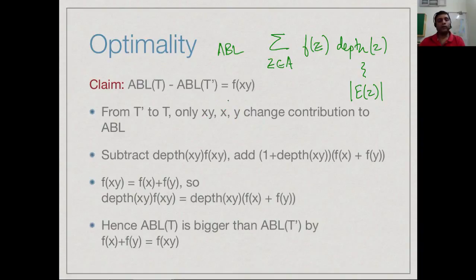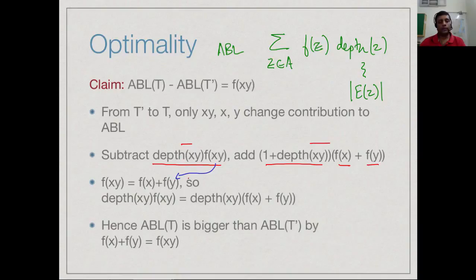So what I will do when going from T prime to T is remove this contribution of the composite letter xy, and then at the next level, which is 1 plus the depth of xy, I will add the node fx and the node fy, so I'll get fx times that plus fy times that. So I'm subtracting this amount on the left, and then I'm adding this amount on the right. Now f of xy is nothing but fx plus fy.